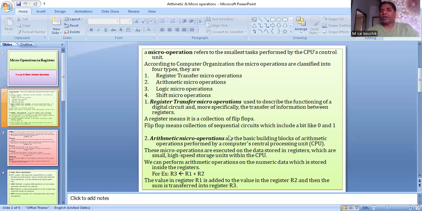Arithmetic means you have to simply imagine arithmetic operations like addition, subtraction, multiplication, and division. So, by the experience of the previous topics, arithmetic means a combination of four operations: addition, subtraction, multiplication, and division.